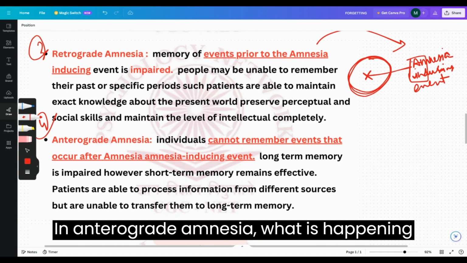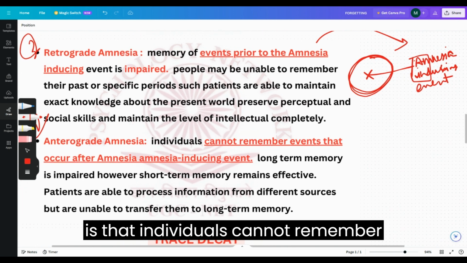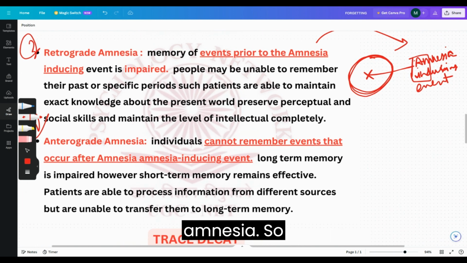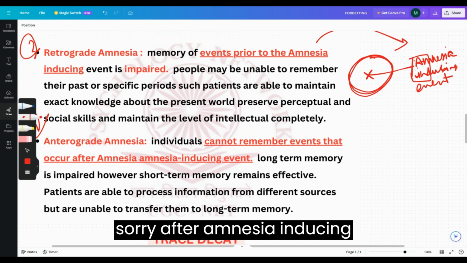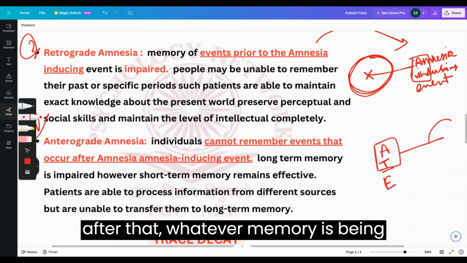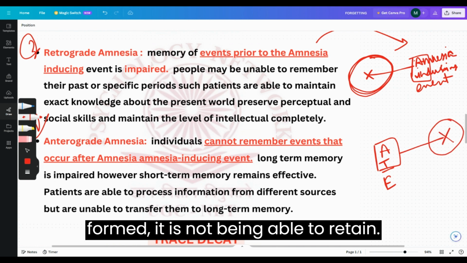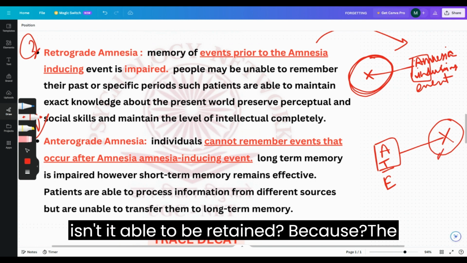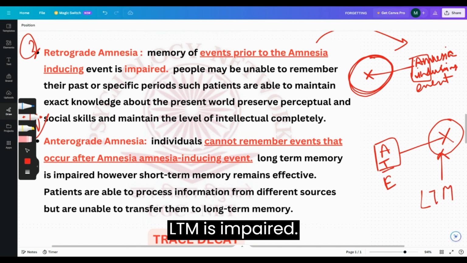In anterograde amnesia, individuals cannot remember events that occur after the amnesia inducing event. Suppose this is the amnesia inducing event, and after that, whatever memory is being formed is not able to be retained. Why isn't it able to be retained? Because the LTM is impaired.